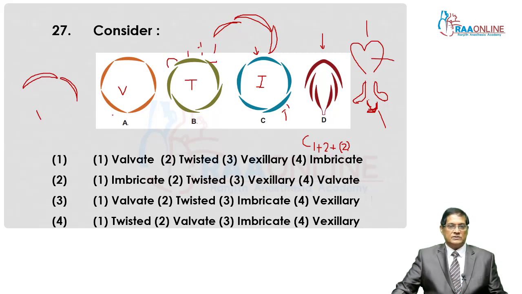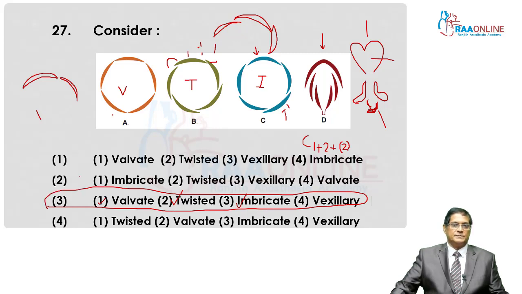The first one is valvate, second twisted, third imbricate, fourth vexillary. So this is the correct order with respect to ABCD.